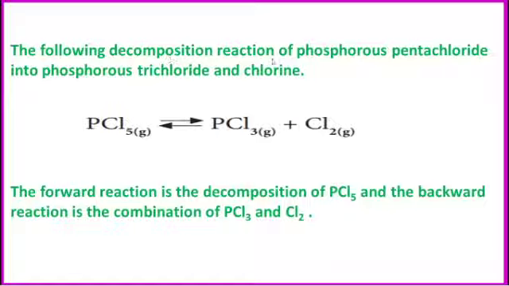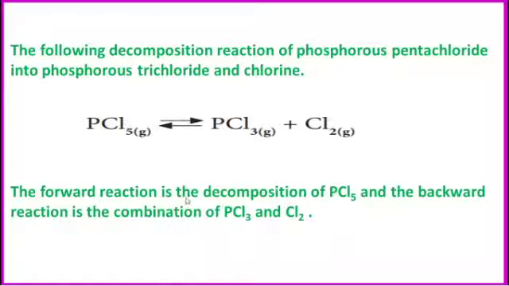The following decomposition reaction of phosphorus pentachloride: PCl5 forms, in the forward reaction, PCl3 and Cl2, that is, phosphorus trichloride and chlorine.